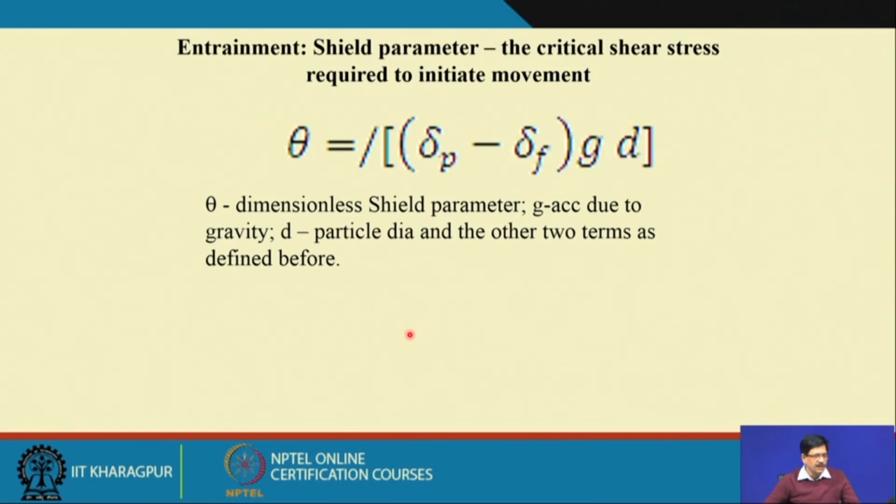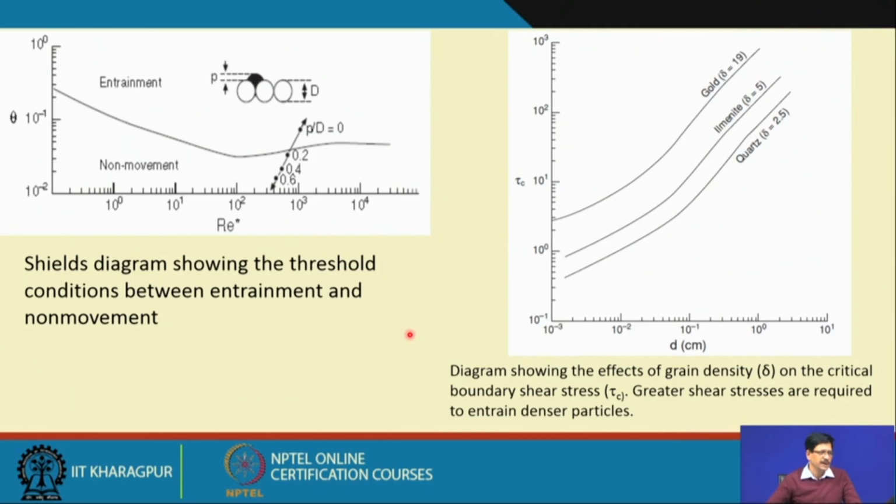If we look at the diagram on the left, it explains what exactly happens. The Shields parameter is on a logarithmic scale here, 10 to the power minus 2, minus 1 and 0, and the region over here is where the particle will be entrained.